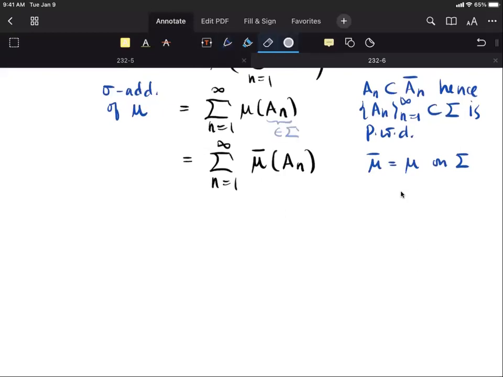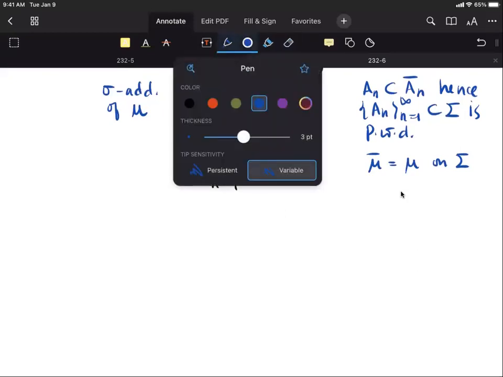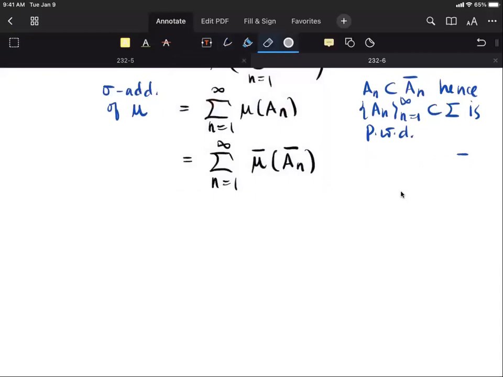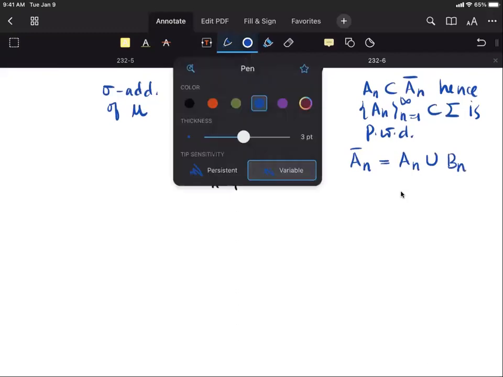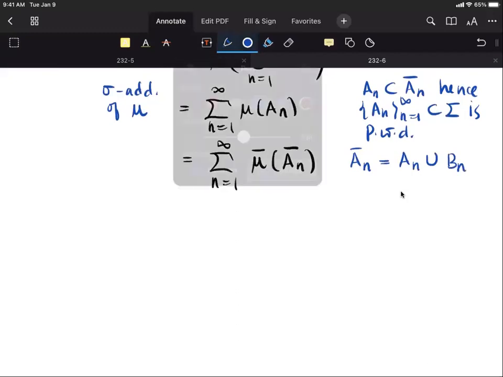Or we could go directly to this equation. Recall from step 1, A n bar was written in this form with A n in sigma and B n in N. Again, to take the value of A bar n with respect to mu bar, we can neglect this and just take the measure with respect to mu of A n.